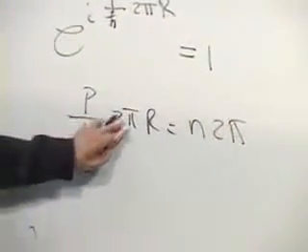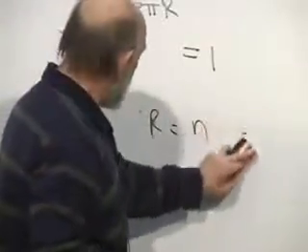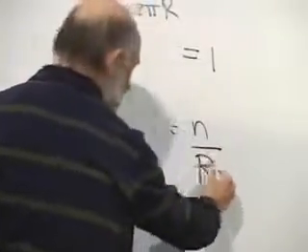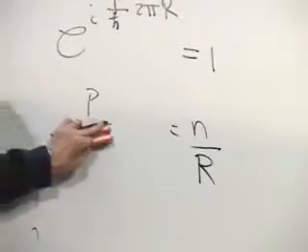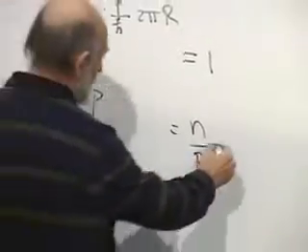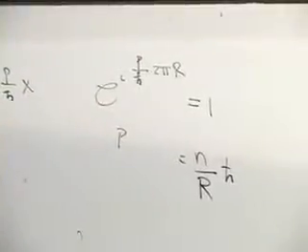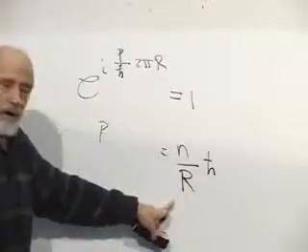We can cancel out the 2 pi. We can divide by r, the radius of the circle, and we can multiply by h bar. It tells us that the allowable values that the momentum can take on are integer multiples of h bar over r.